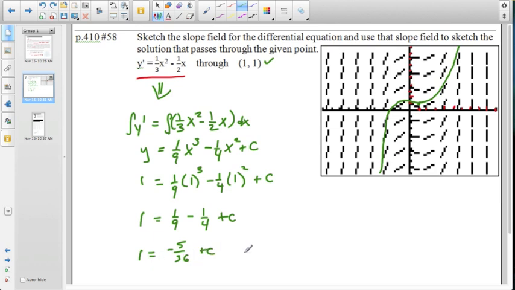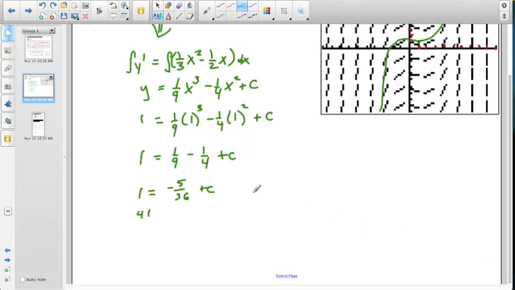Then adding that to both sides gets us 41/36 for our constant of integration. So the function, at least to the best of my sketching abilities here in green, is 1/9 x cubed minus 1/4 x squared plus 41/36.